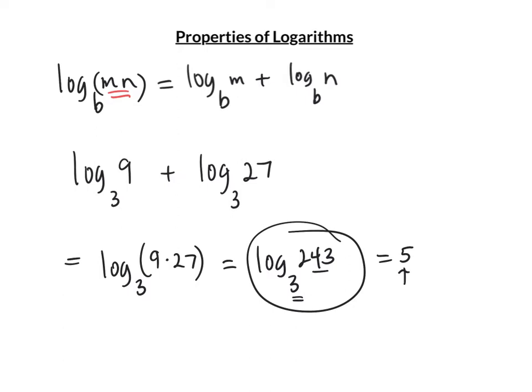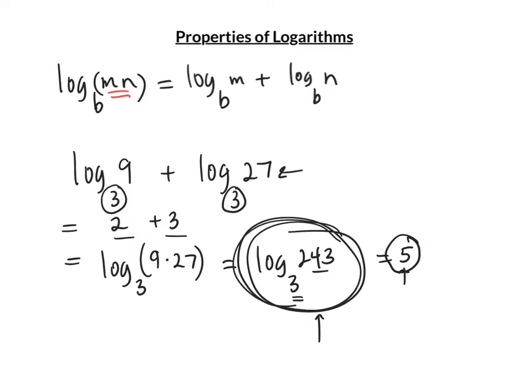And notice that if you'd worked it out previously, 3 squared is 9, and 3 to the 3rd power is 27, and 2 plus 3 does equal 5. But for practice, you may be just asked to write it as a single logarithm, in which case this would be your answer.